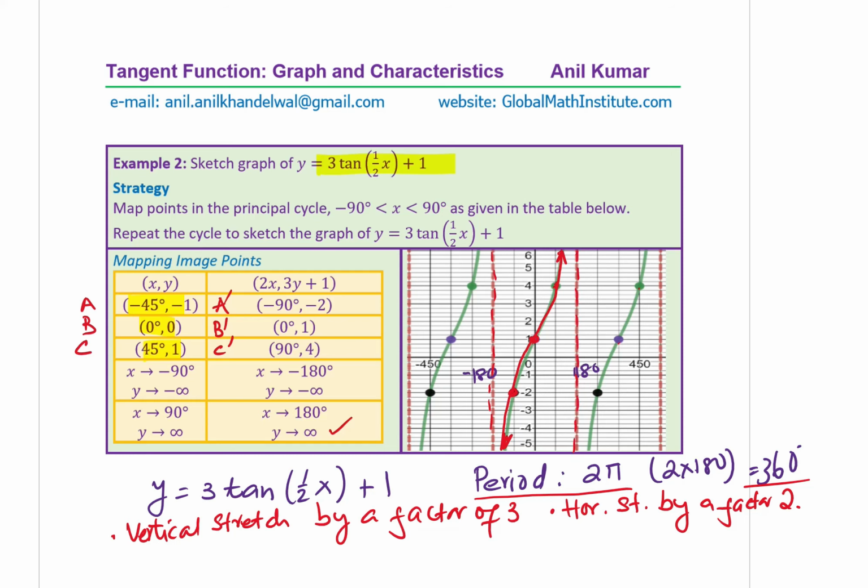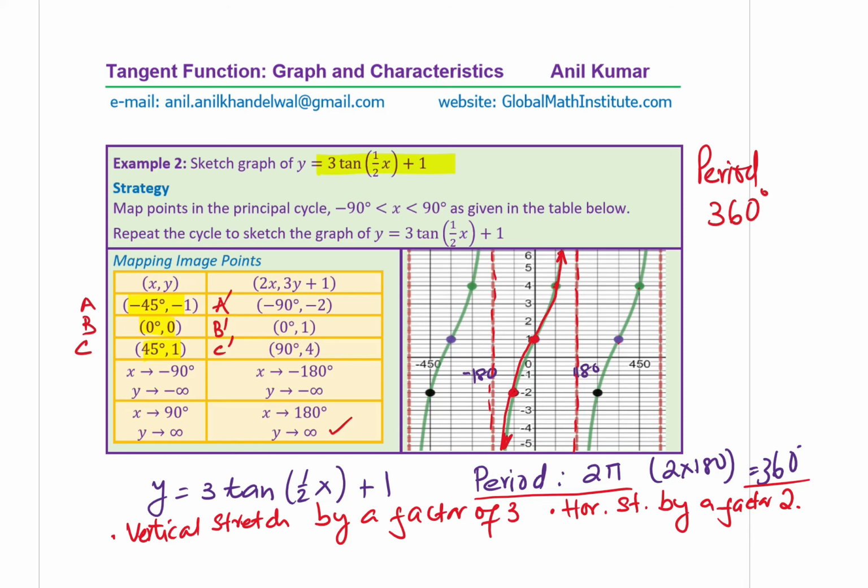Once you've done that, then repeat this pattern with a period of 180 times 2, which is 360 degrees, and you get the graph. You get the idea, correct? So that is how we should be sketching. So remember, we have a period in this case of 360 degrees, correct? So that is kind of important.